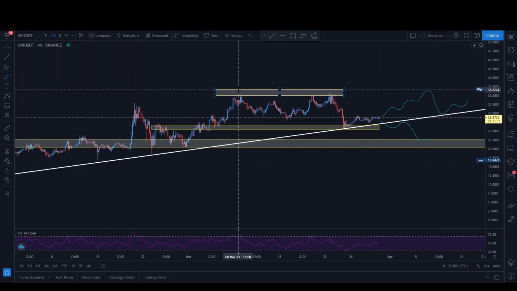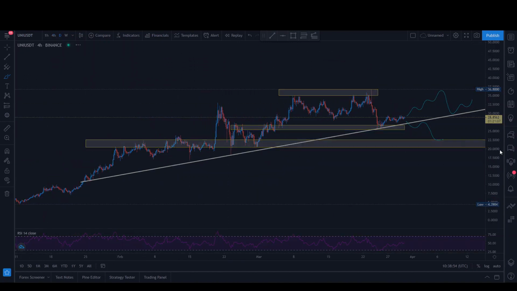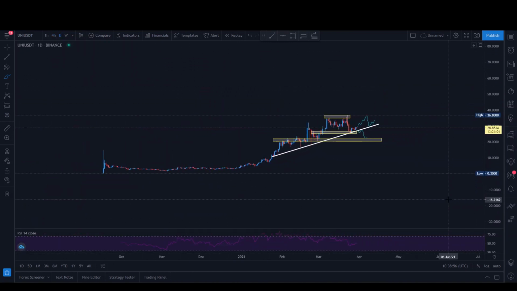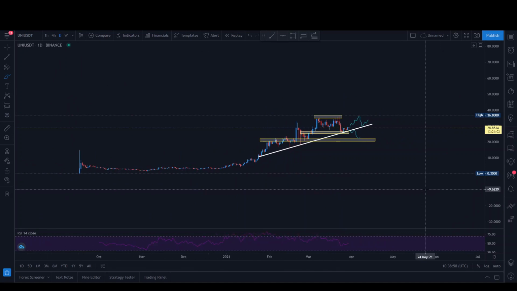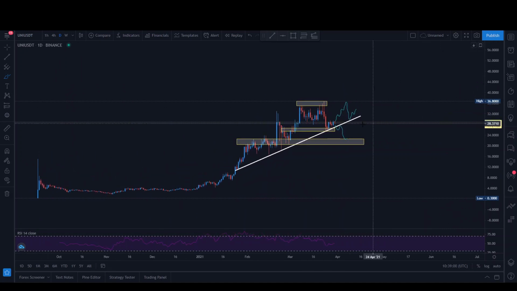So now that we've plotted all of these zones and analyzed the market, we have sort of a prediction for Uniswap. I see it going up in the case that it stays above this uptrend line. In case it drops below, I can see it bouncing off of this level of support, which would then act as resistance in the future, and hitting into this bigger level of support down below.